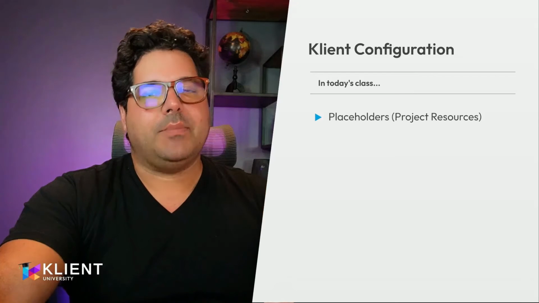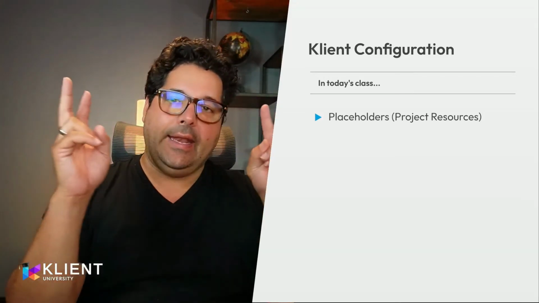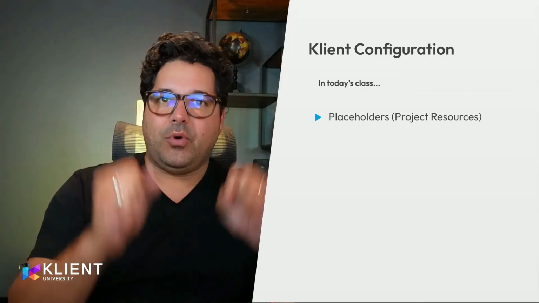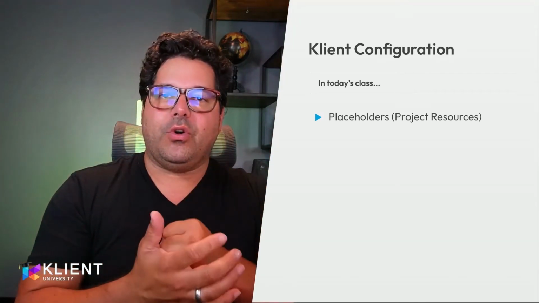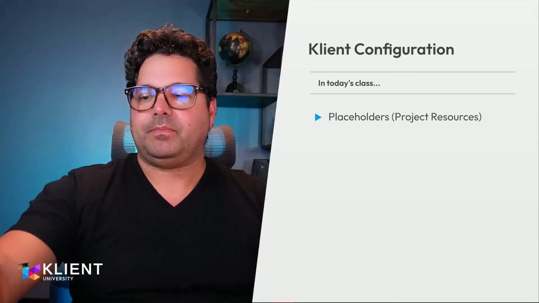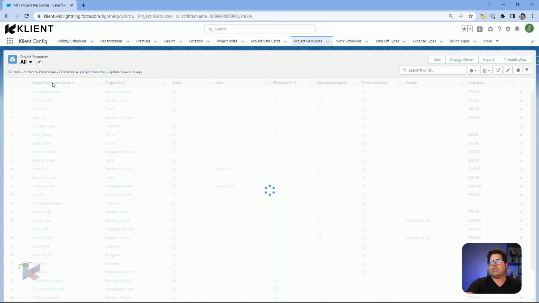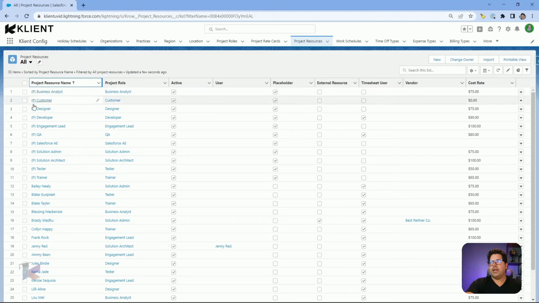Placeholder is a concept used at Klient to give you the possibility of assigning a not-yet-determined project resource to a specific role on a project. So let's look quickly at the project resources. We looked at it a bit previously. I don't know if you noticed, some of the project resources had some letters at the beginning, and they are pretty generic.